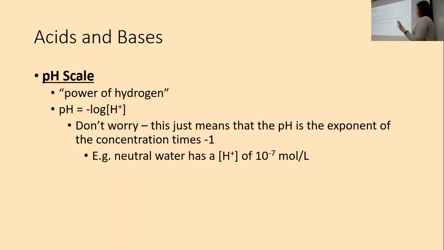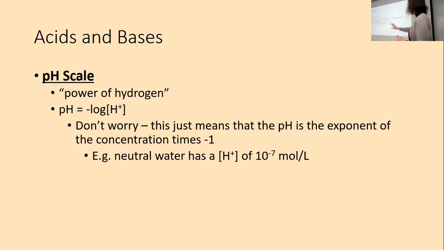I'm just showing you what it is. All this means, and it'll make sense when we look at an example, is that the pH is equal to the exponent of the concentration times -1.